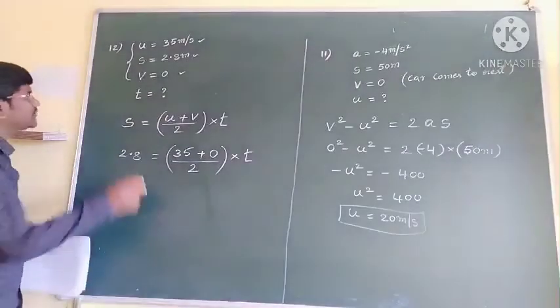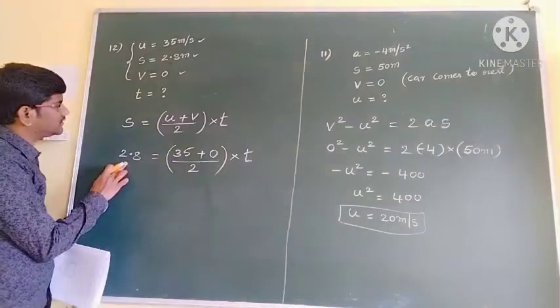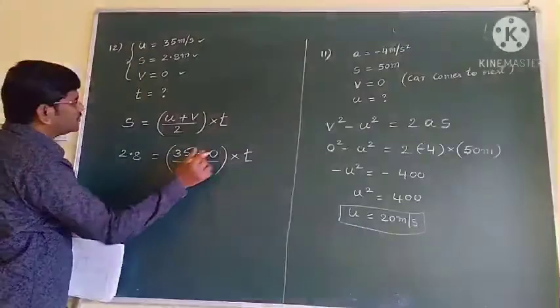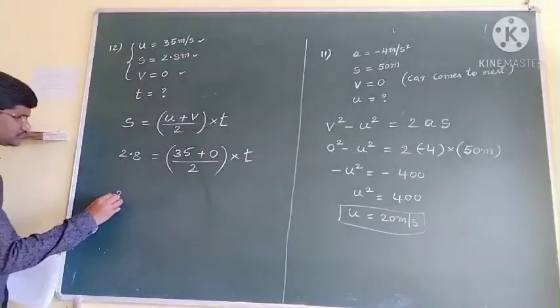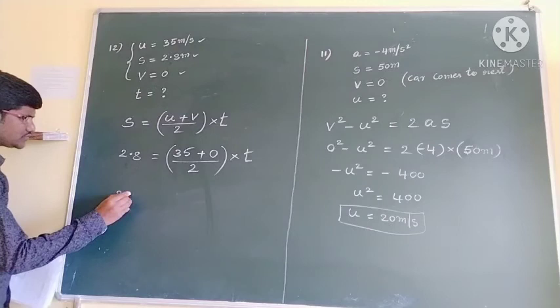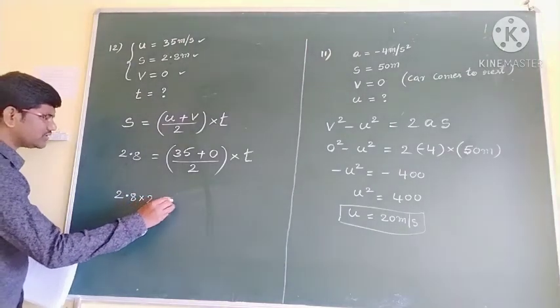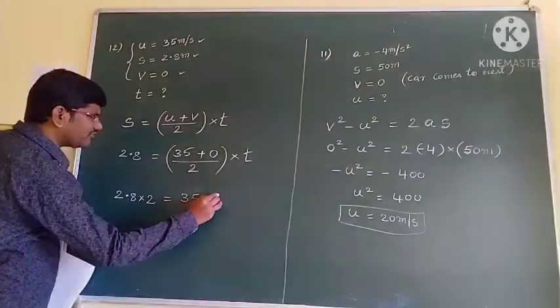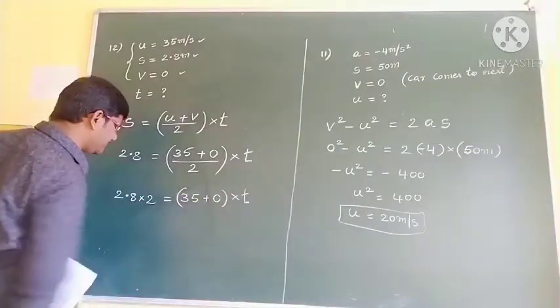Okay students, s is given 2.8, initial velocity is given 35, final velocity is 0, by 2 into t. Then 2.8 into 2 is equal to 35 plus 0 into t.